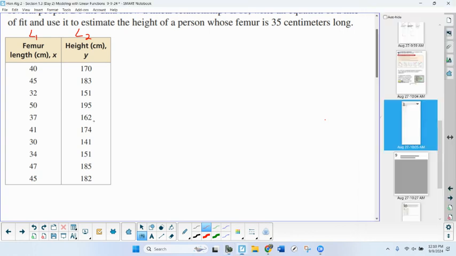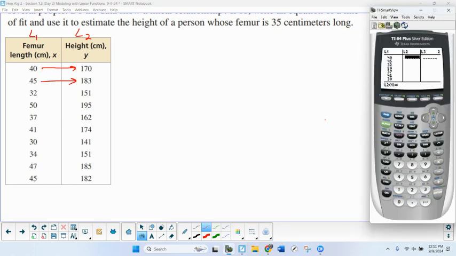If you accidentally skip one and it shifts all these up, you cannot just add 162 at the bottom, because 162 is not paired with 45. They're paired with their partner. So make sure 40 is paired with 170 and 45 is paired with 183 and so on. Now I'm going to go to list 2 and enter my list.